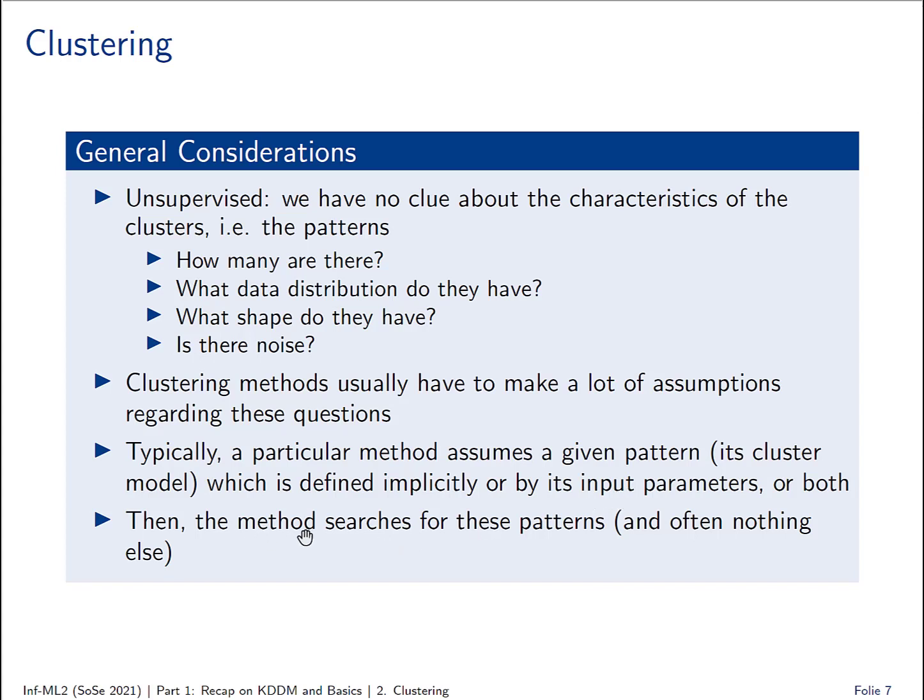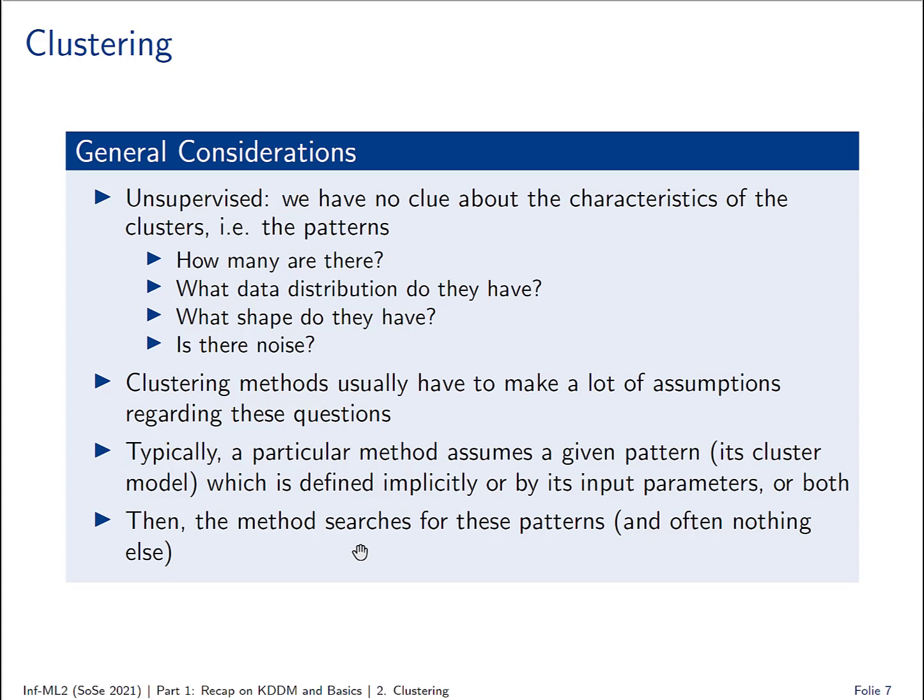And then the methods basically search for those patterns and nothing else typically. So you just get the information from these methods: is this pattern there or not? But not necessarily that is the only pattern. So always keep this in mind and always be very careful about the results of clustering algorithms.